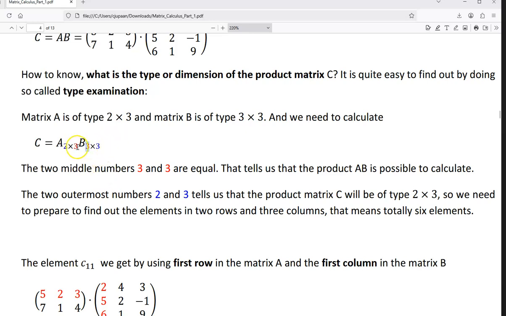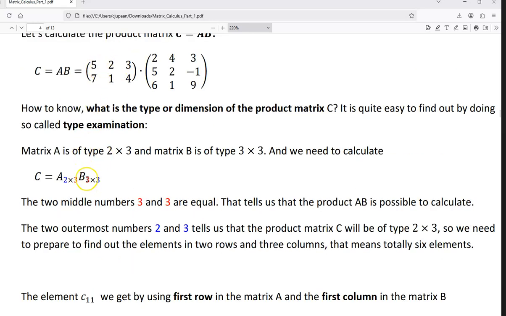The second number, this 3, tells us the number of columns in the matrix A, and the first number here tells us the number of rows in the matrix B. As I said, you have to have the same number of columns in the matrix A as you have rows in the matrix B. So these red numbers tell us that they are equal, so it is possible to calculate.